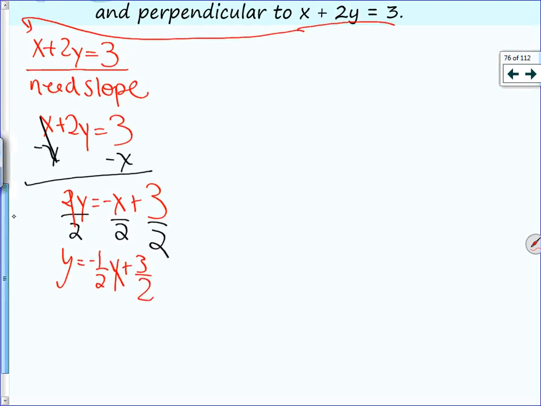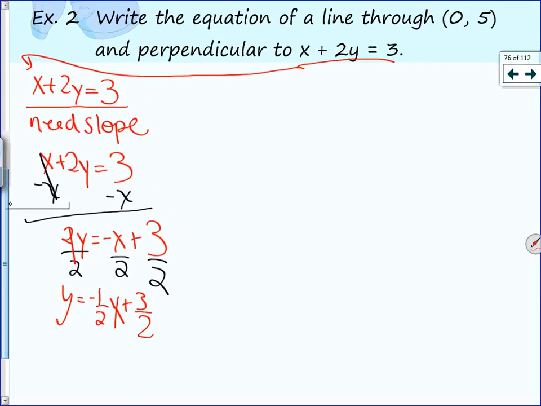Okay, so take a look at this. I needed the slope from this line. This line has a slope of -1/2. Is it parallel to this line or perpendicular to this line? Perpendicular. So this slope is -1/2.